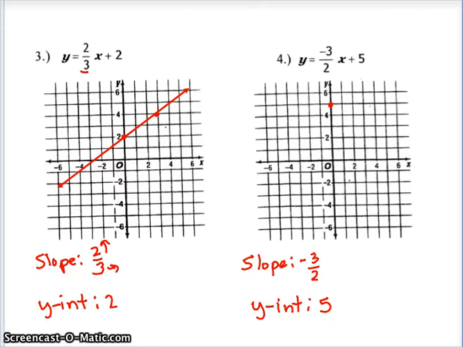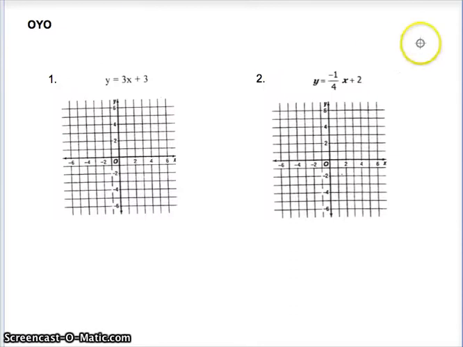Notice I'm always moving to the right. I'll move up or down based on the negative, but I'll always be moving to the right. So I'm going to move down 3, 1, 2, 3, and then to the right 2, 1, 2. Put my point, and I'll connect the dots. Wow, I really whiffed. Let's try that again. Much better.